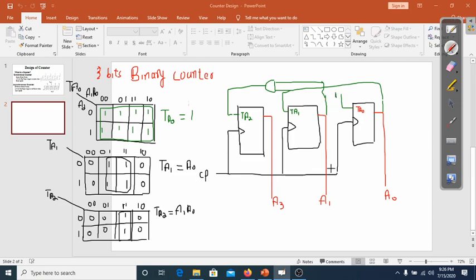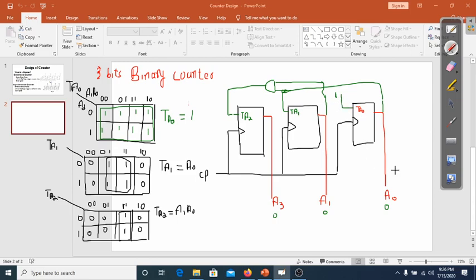So let us start. Okay, let us analyze this counter. So let us start from 0, 0, 0. Firstly, all the outputs are 0. This is the present state. So what would be the next state when TA naught is equal to 1?